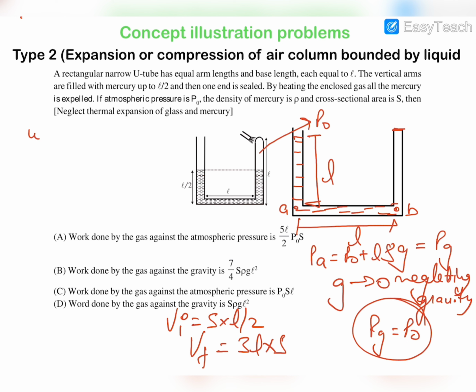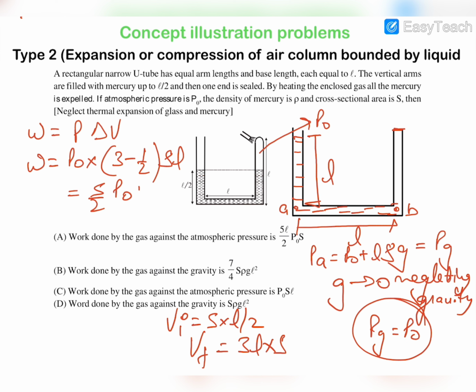So the work done will be equal to P delta V, because P is constant if we are neglecting gravity, and P is equal to P naught. So it would be P naught delta V, and delta V will be equal to 3 minus 1 by 2 into SL. So it would be equal to 5 by 2 P naught SL. So work done finally will be equal to 5 by 2 P naught SL.